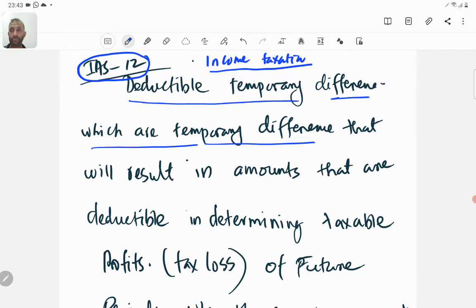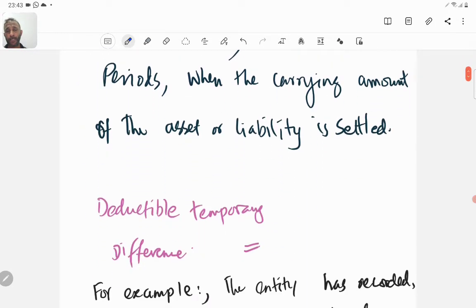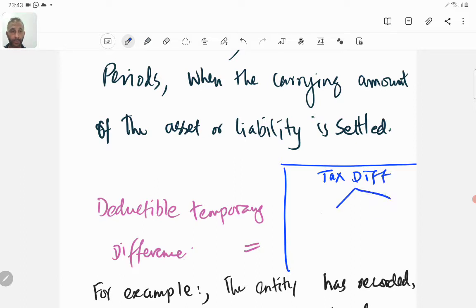Now there are two types of difference between the accounting information, the accounting inputs, and the tax input. Those two types of differences are known as permanent and temporary.